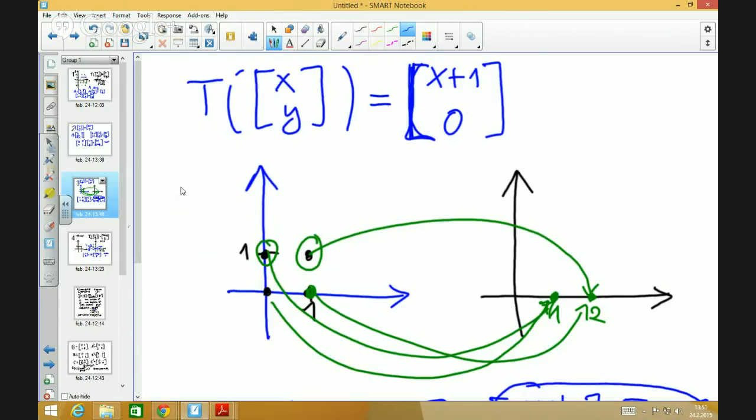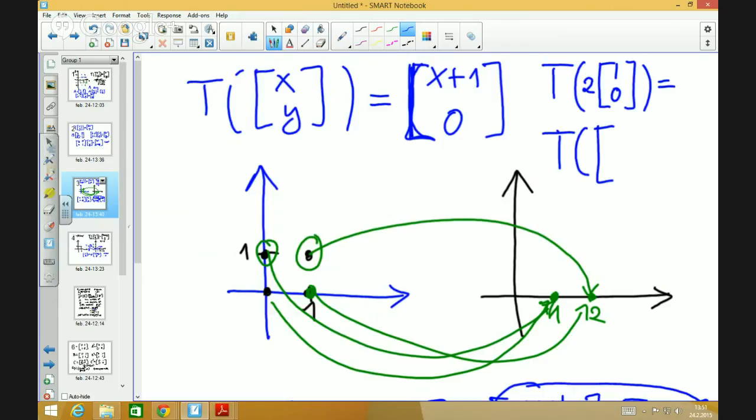Well, let's see. So for instance, if I apply this function t to, let's say, the vector 2 times (1, 0). What is this? Well, this is t applied to the vector (2, 0), because 2 times the vector (1, 0) means I multiply every entry by 2.